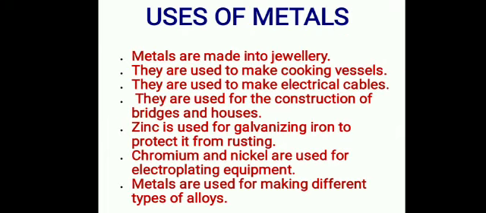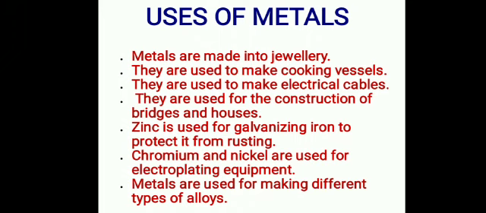Now the next is uses of metals. Metals are made into jewelry, and they are used to make cooking vessels because they are good conductors of heat. They are used to make electrical cables, as they allow current to pass through them. They are used for the construction of bridges and houses because of their high tensile strength.